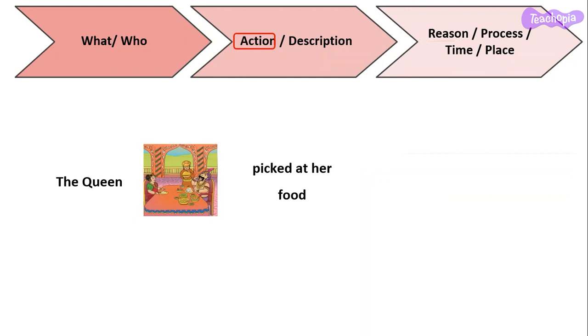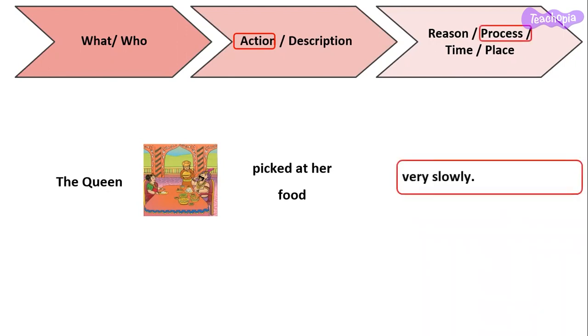Now let's say we want to add information about the way she picked at her food, or the process she used to pick at her food. She picked at her food very slowly. So the sentence will be, the queen picked at her food, and in the third block, we will add the information very slowly. Suppose we want to talk about the time related to this action.